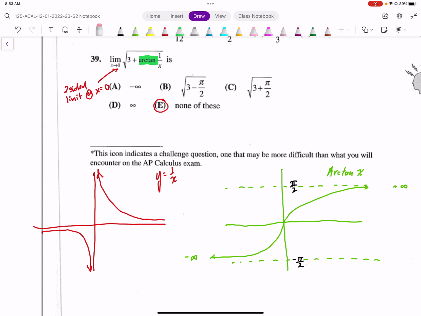If we did the limit as x approaches 0 from the positive side, that would be going to positive infinity for 1 over x. And then we could see what happens as we plug infinity into the arctan function. So this 1 over x inside here is going to go to infinity.